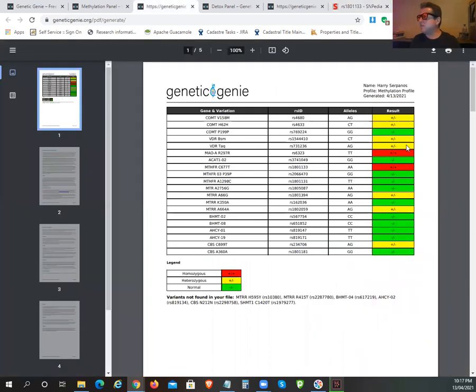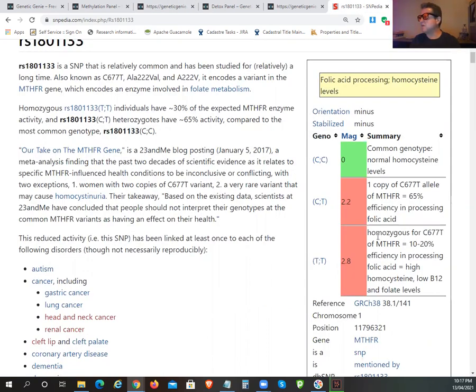And if you can see, AA, which is basically this. That's heterozygous, that's homozygous. So I've got both. That's the normal.